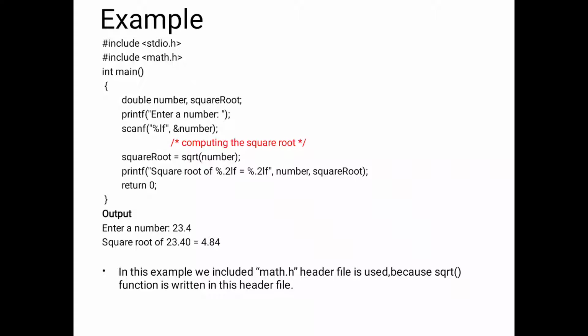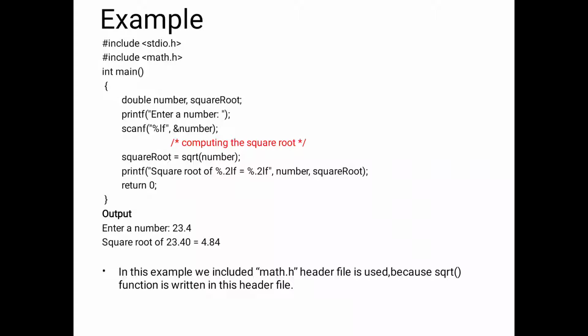So int main is a function. You have declared a double number. Why do we need double? Because here you have to calculate the square root. And we have taken one variable, square root, in which the result will be stored. You have to enter one number, the number whose square root is to be found, so we should enter any number.